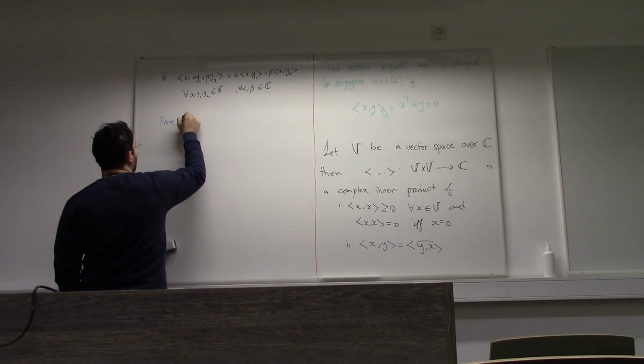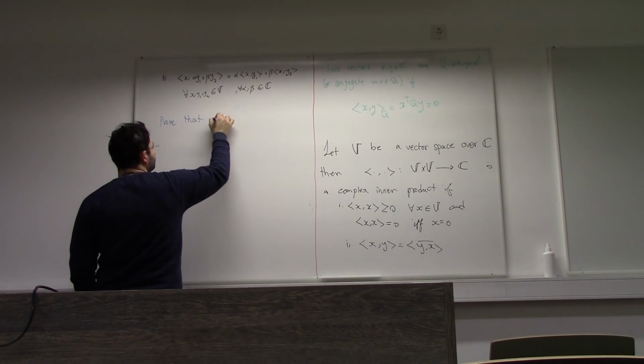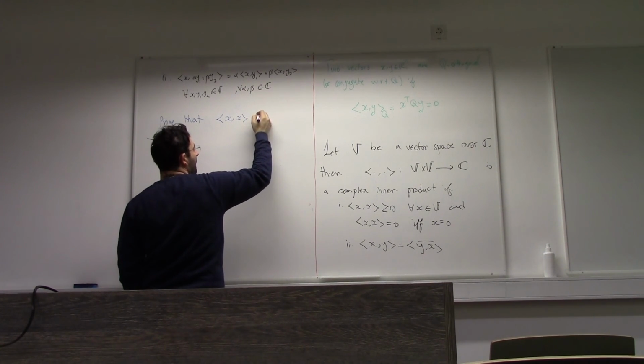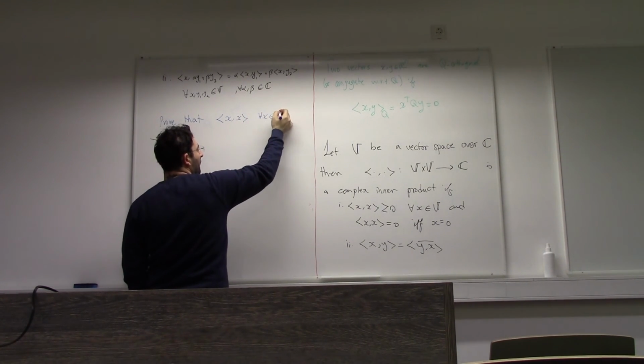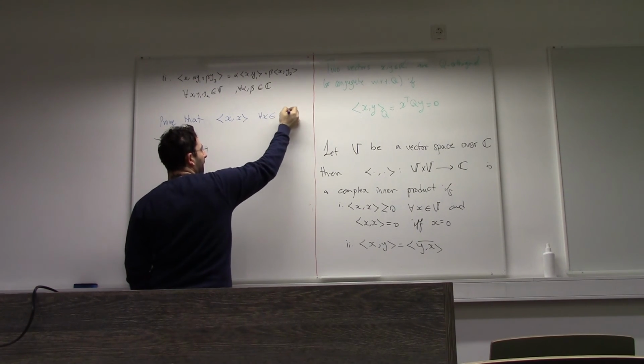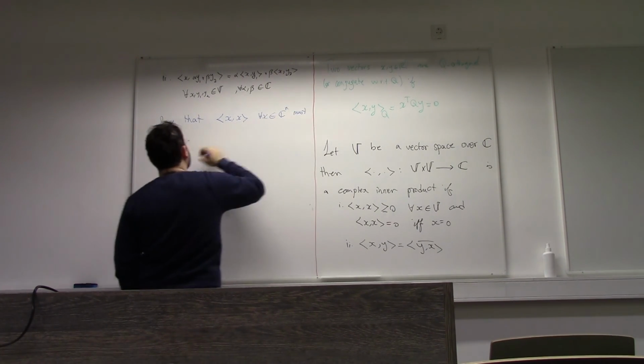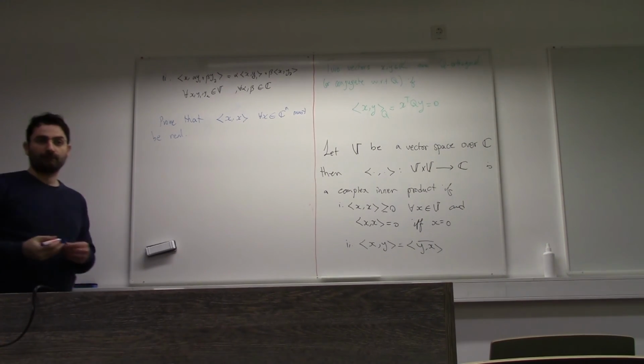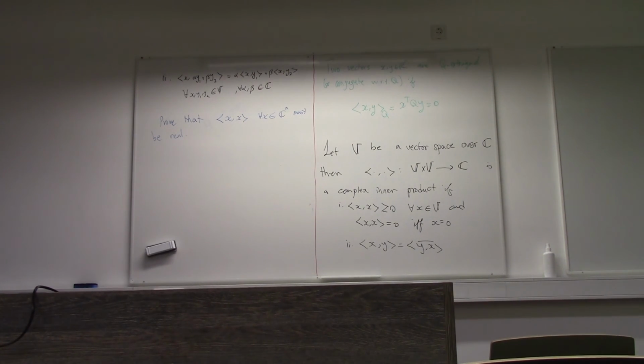Prove that the inner product of x and x must be real. How can we prove that?